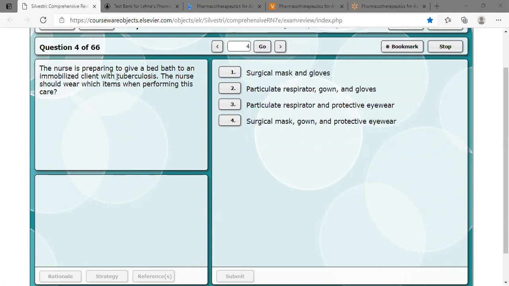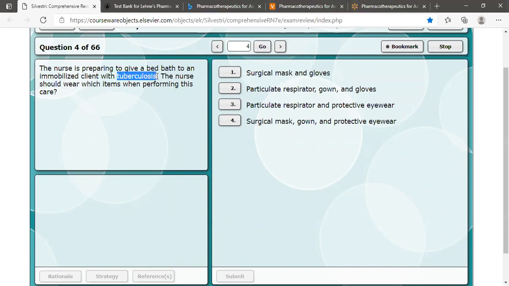Tuberculosis is basically an airborne precaution. If any patient is on airborne precautions, we educate them to wear an N95 particulate respirator mask. Very important. You must know for the NCLEX board.